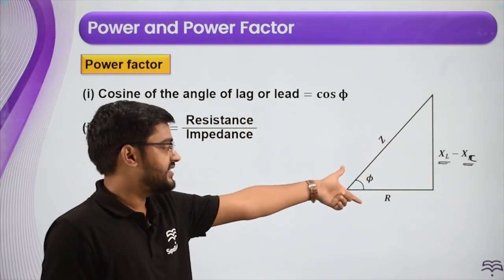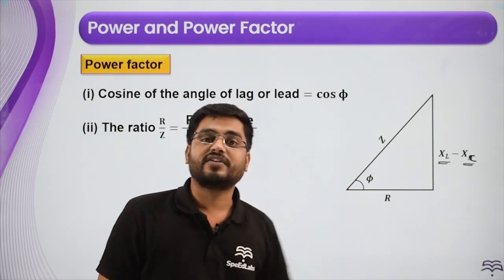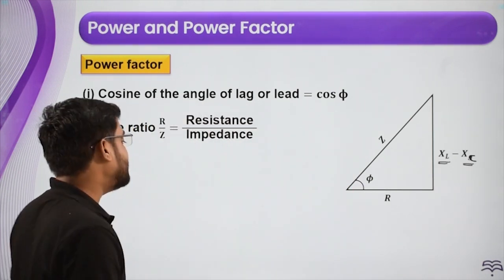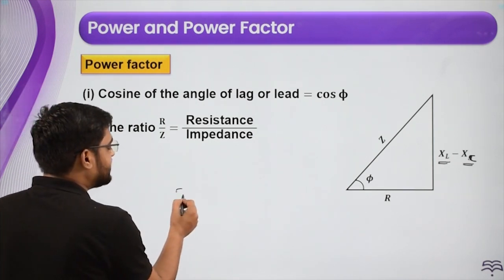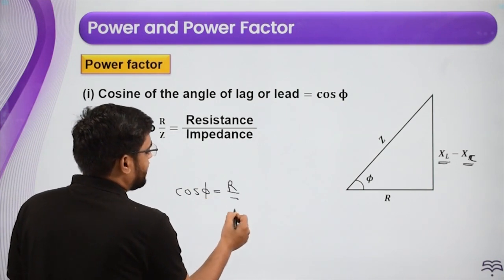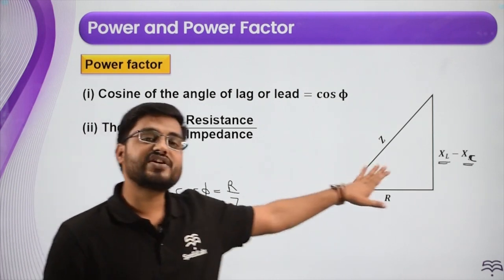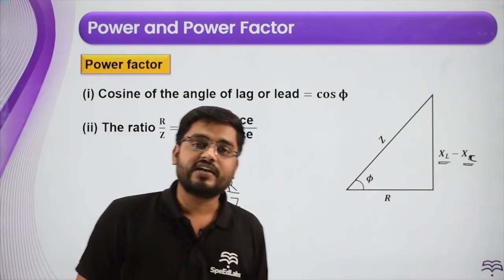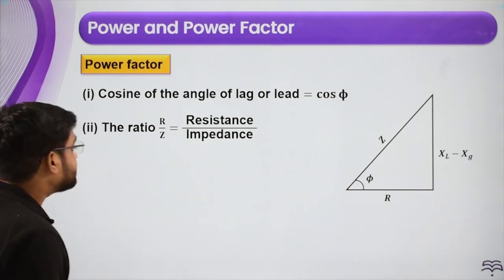In other terms, this is also written, so this can be utilized to convert from the other form. Last time when we were doing the Vrms conversion, we had used that cos phi is nothing but R by Z. So this is the triangle from which it is coming. The derivation of this triangle we are going to do when we study the series LRC circuit.